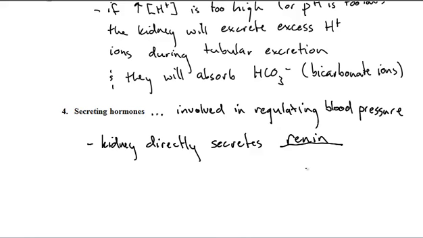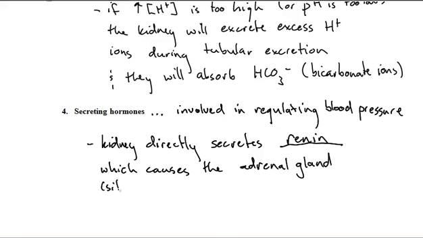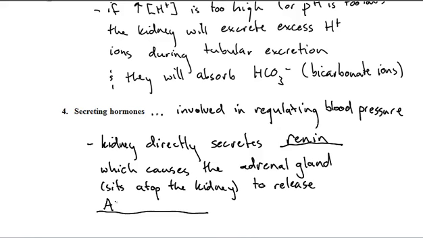Renal, kidney, renin, a hormone from the kidney, which causes the adrenal gland, which sits atop the kidney, to release another hormone called aldosterone.